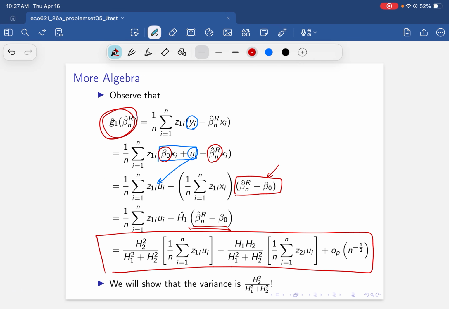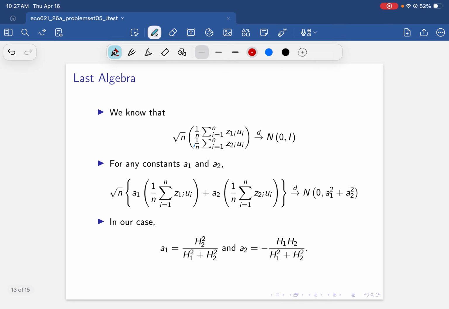What you can learn from here is that if you multiply by square root n, then this guy and this guy will be normally distributed. So we have to find the variance. But to do that, we have to think about their covariance again. They are correlated. How to do that? As a vector, they converge to the standard normal distribution, because we assumed omega is identity.